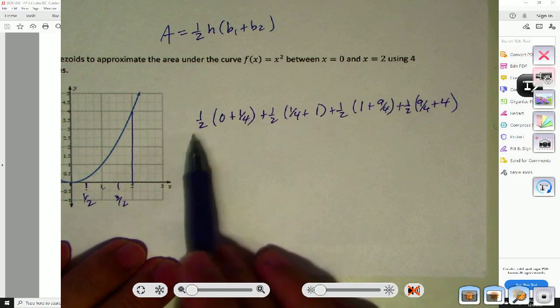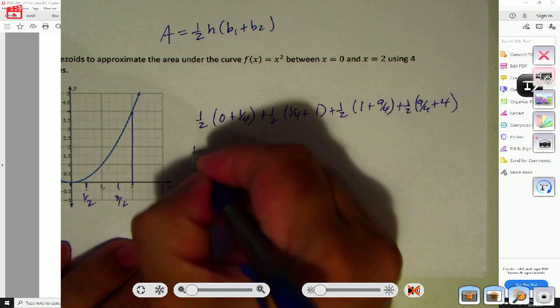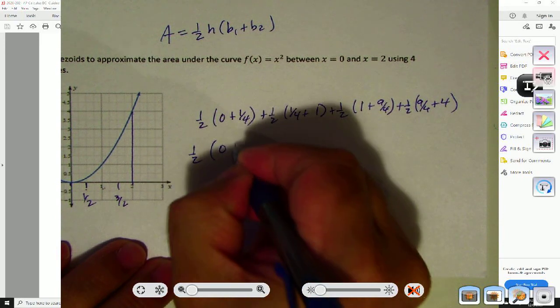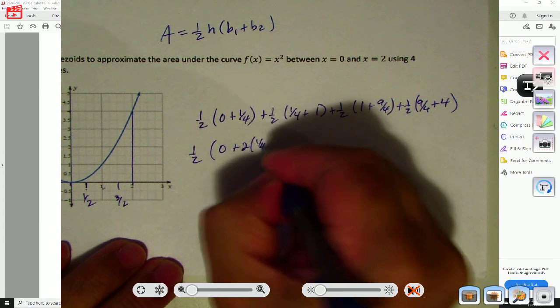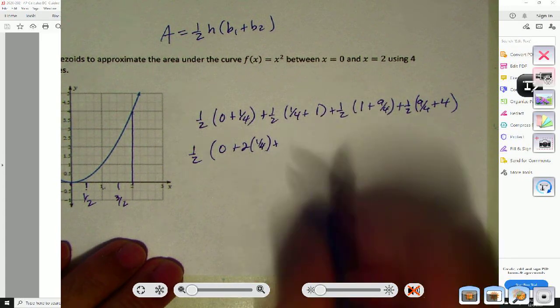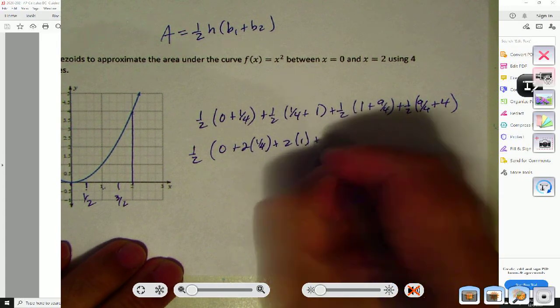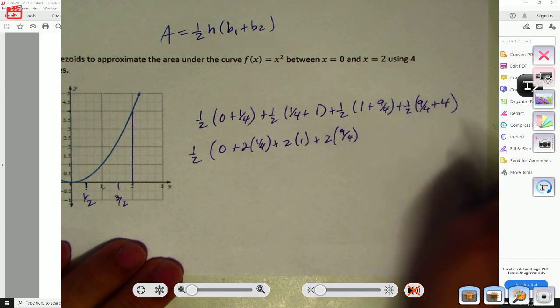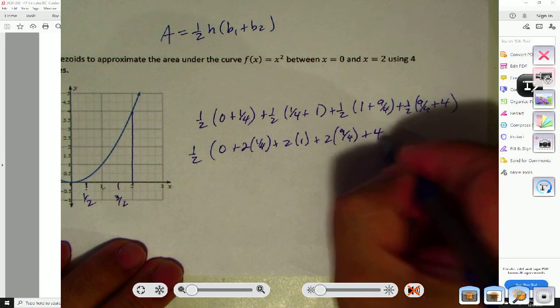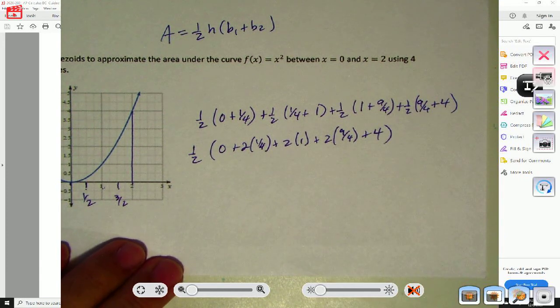Now I'm going to take out the 1/2. So it's going to be 0 plus, there's 2 of those, there's 2 1/4s, and there's 2 1s, and then there's 2 9/4s, and 1 of the last. Okay, of course you do not need to work it out this way.